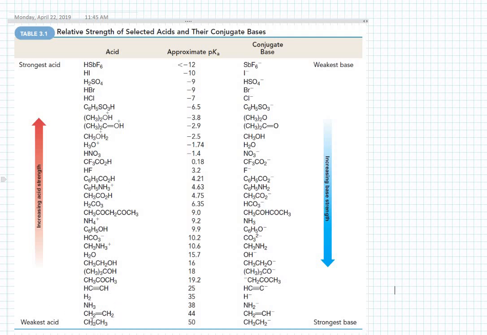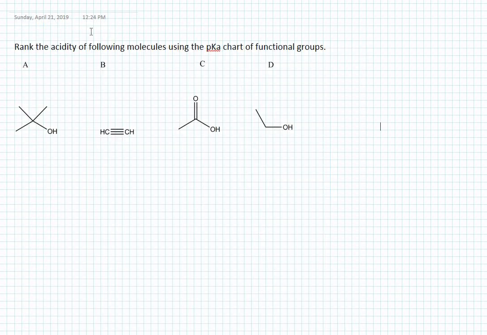So let's find where our molecules or functional groups are. The first one, if we start from the bottom side, we can see here an alkyne. The pKa of alkyne is 25. So let's write here the alkyne we have at B, which has a pKa value of 25.